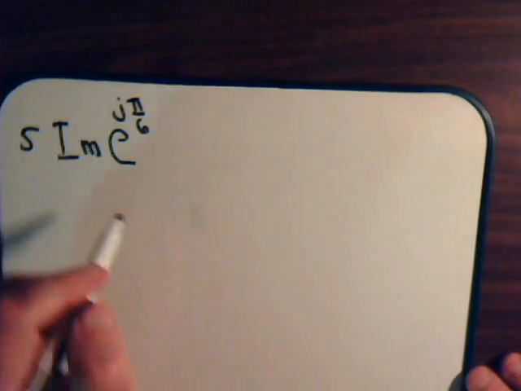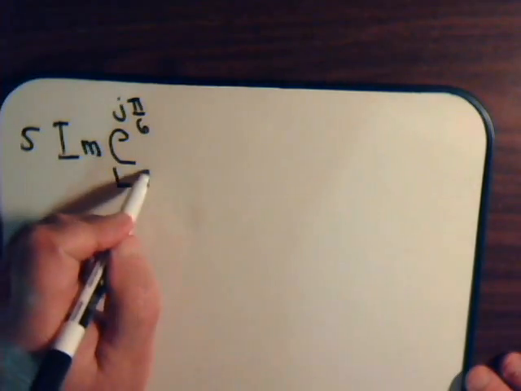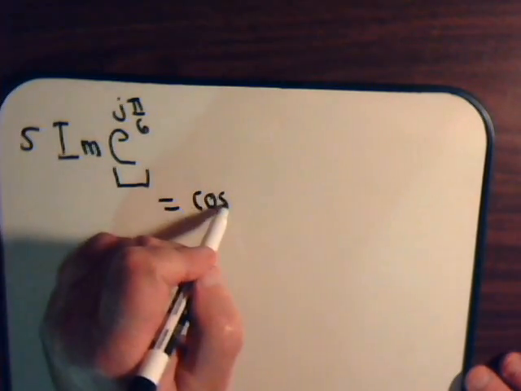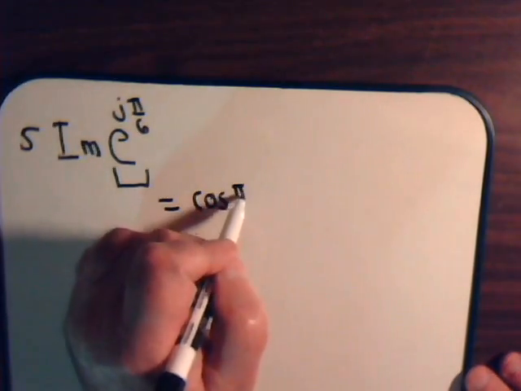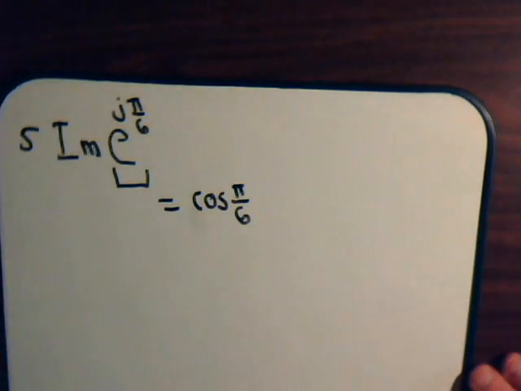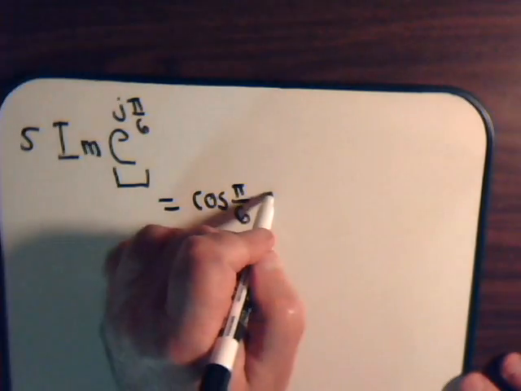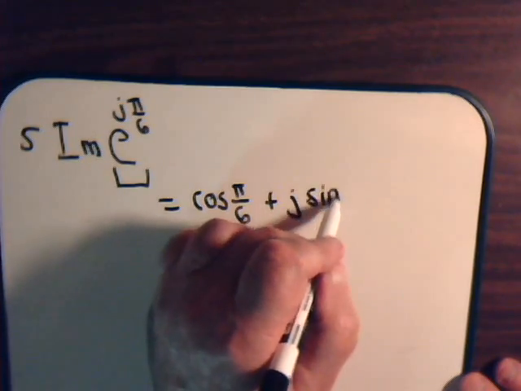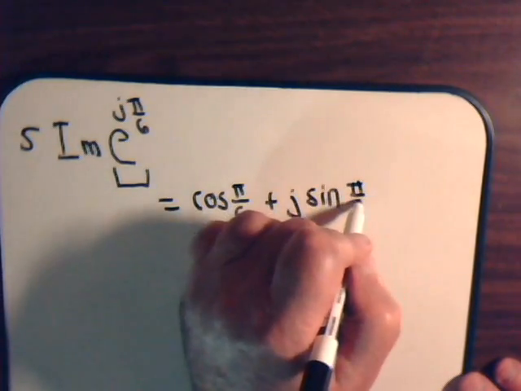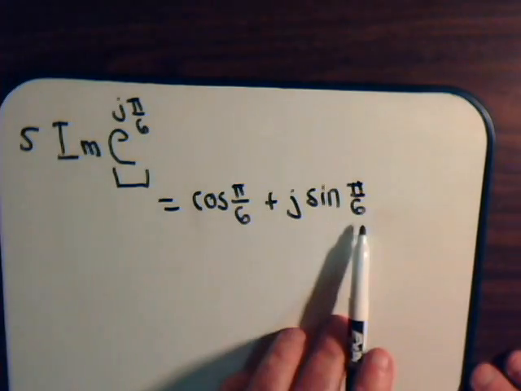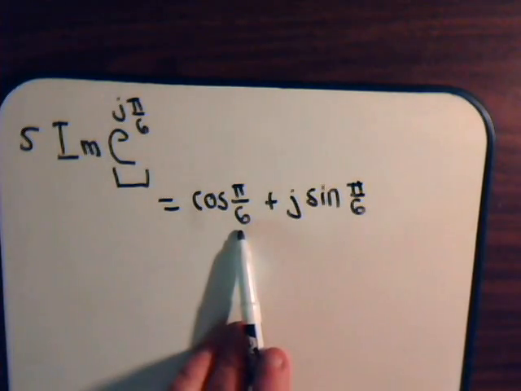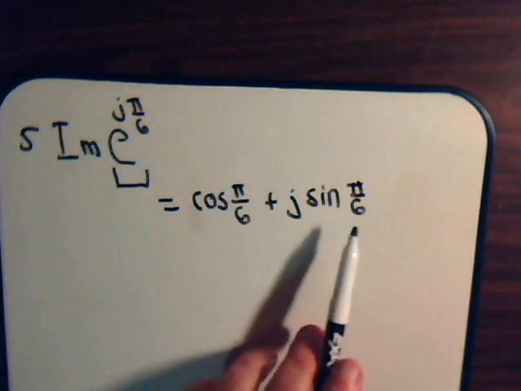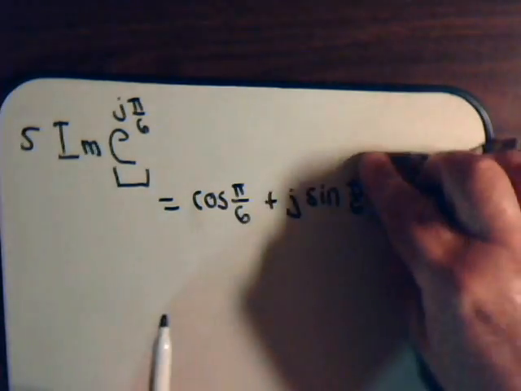Now, this by itself equals the cosine of pi over 6, the cosine of 30 degrees, plus j times the sine of pi over 6. Or pi over 6 is 30 degrees. Here we have it expressed in radians. Here, if we want to go back and express in degrees, we can do that.